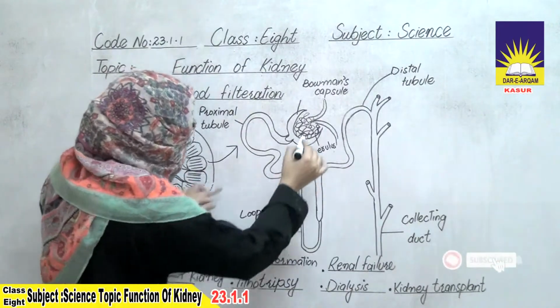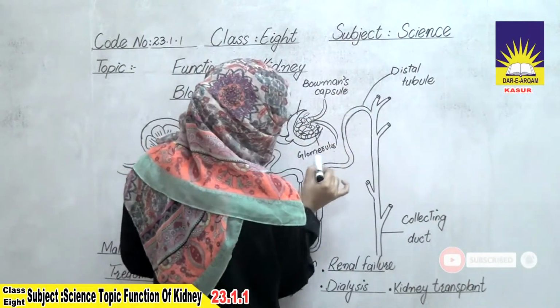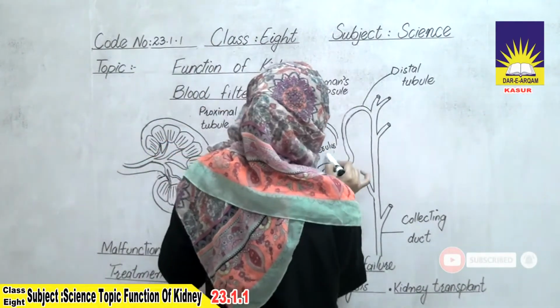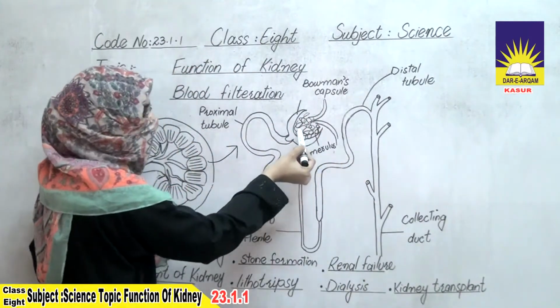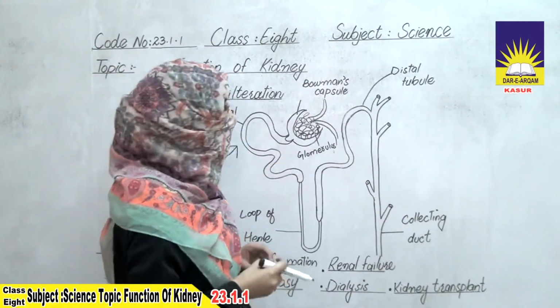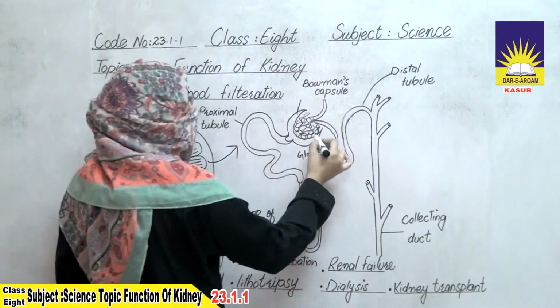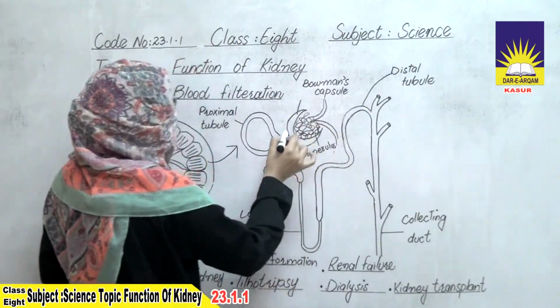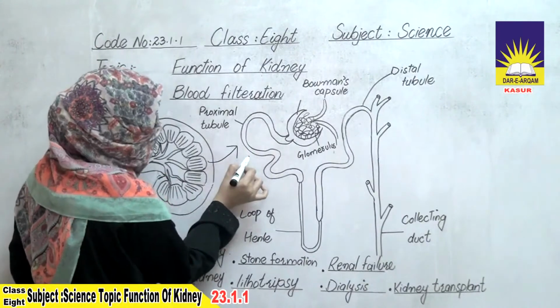From capillaries, blood comes into glomerulus, and then blood is filtered. When blood is filtered, all the nitrogen waste comes into this proximal tube.